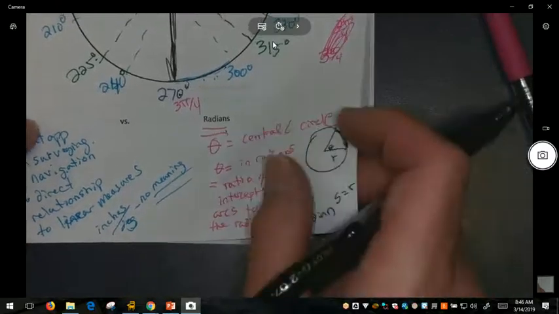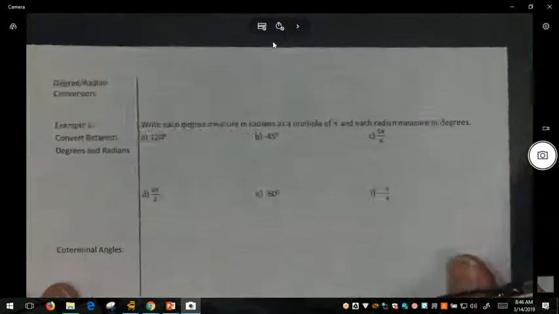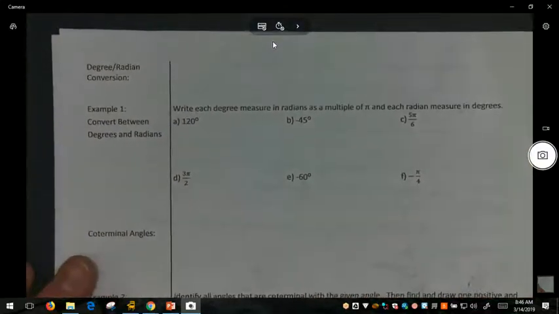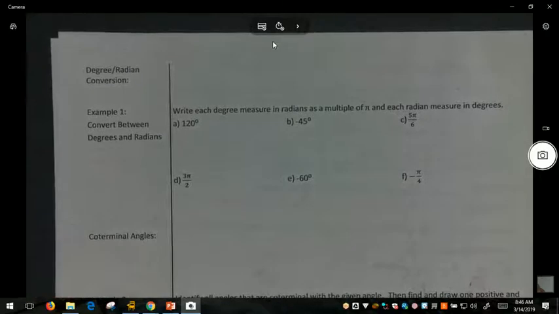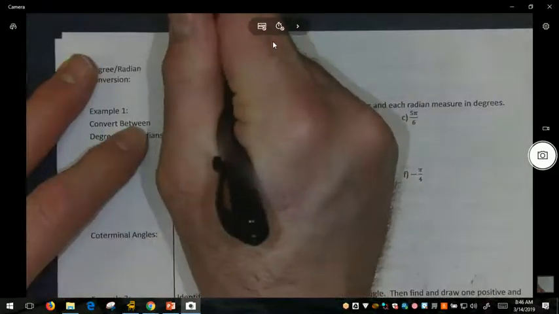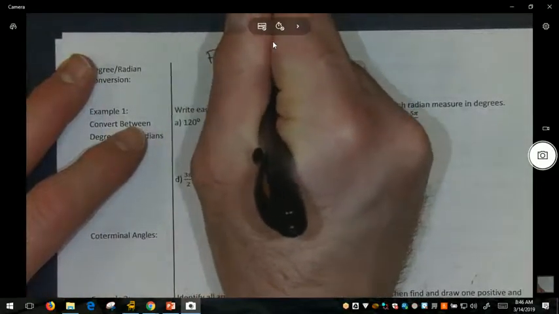Now let's look at the conversion between radians and degrees, because we're going to be working a lot with both types, and depending on the application problem, we're going to need to be able to go back and forth between them. And we'll also have to be cognizant of that in our calculator. All right, degrees to radians, let's take a look. There are 2 formulas that you will want to be familiar with.